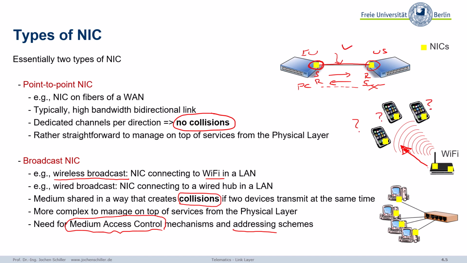It's very simple up here in our point-to-point scenario, because if the right-hand side sends something, the receiver on the left-hand side is clearly the receiver. There is only one receiver. So it's very simple, and vice versa. But in the broadcast case, well, who is the receiver? So we need addresses. Okay, so there are some differences, and we'll talk about this during this chapter.